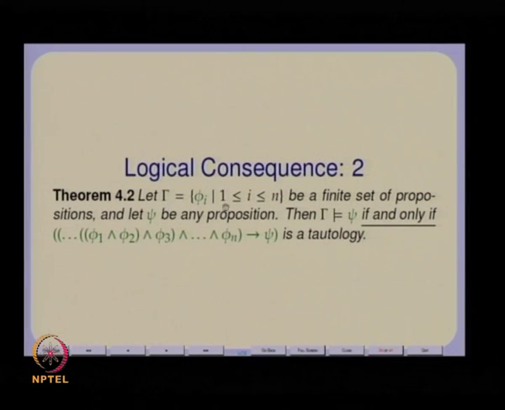So, let gamma be a finite set. If gamma is a finite set of propositions and let psi be any proposition, then psi is a logical consequence of gamma if and only if this formula, which is obtained by taking a conjunction of all the formulas in gamma, arrow psi, is a tautology.